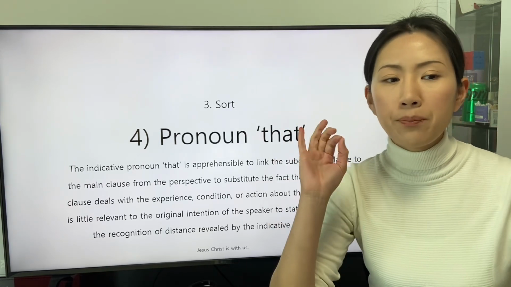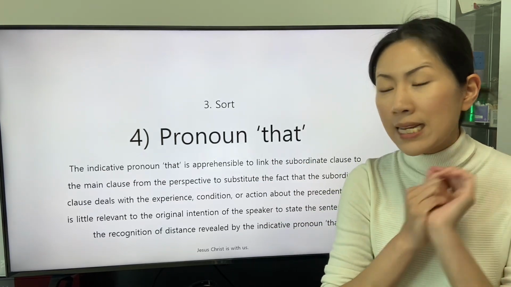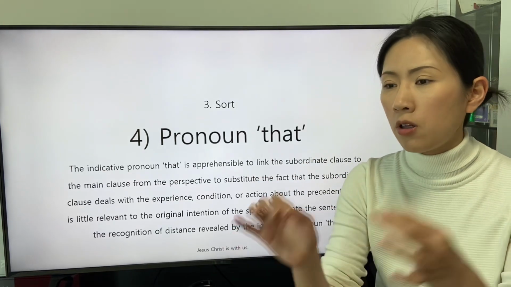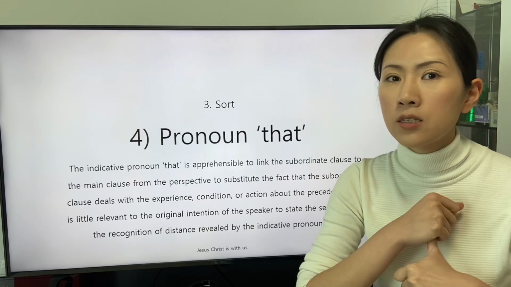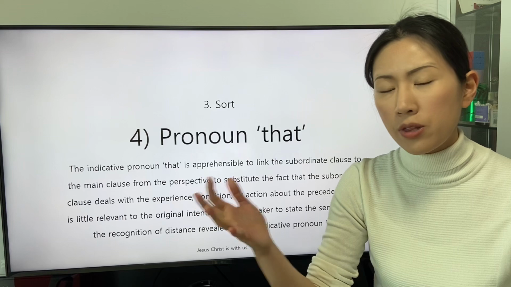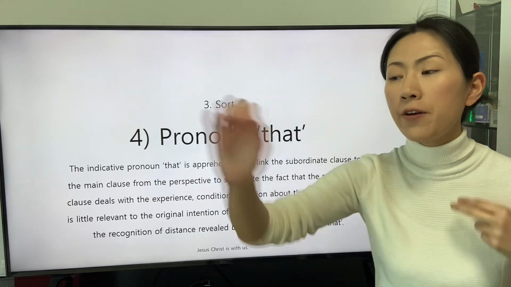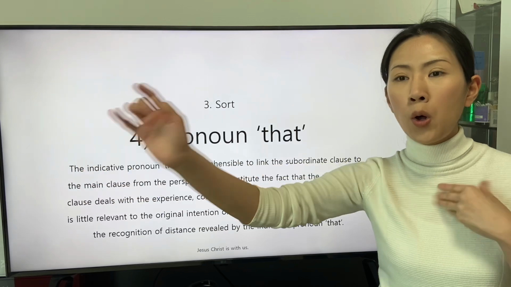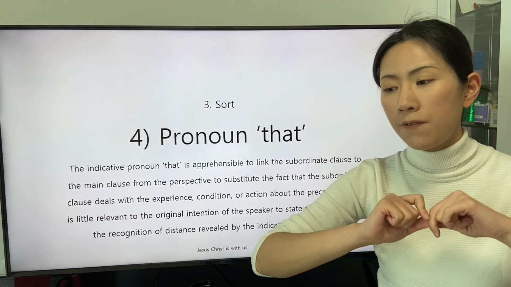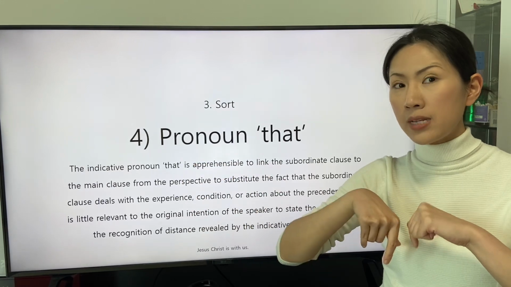The indicative pronoun that is applied to indicate a subject or an object that is singular, does not participate in the conversation with the speaker, and exists far from the speaker. So the concept of the distance can be applied into the statement.